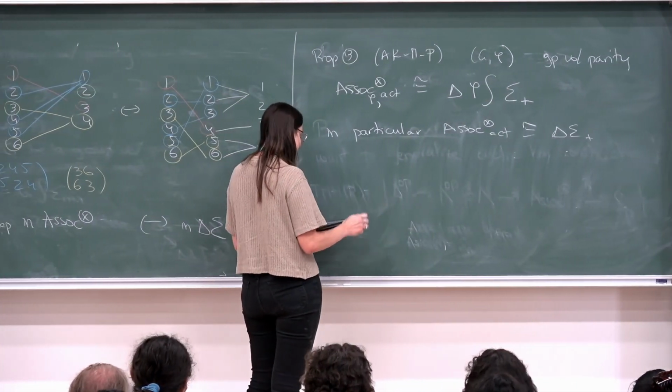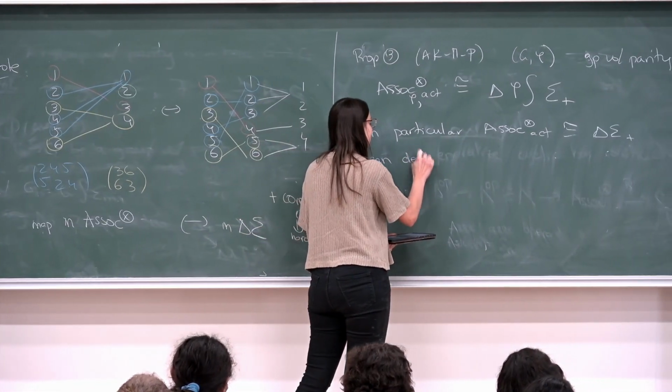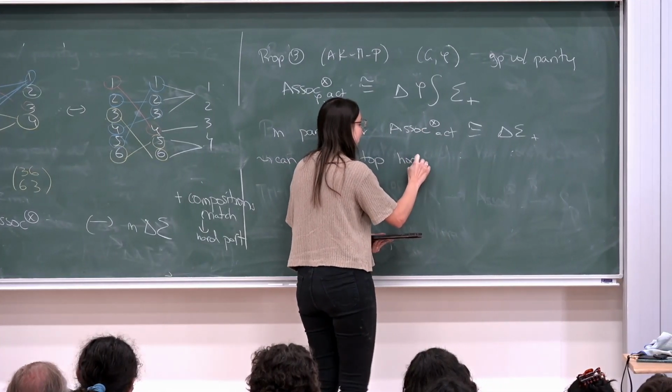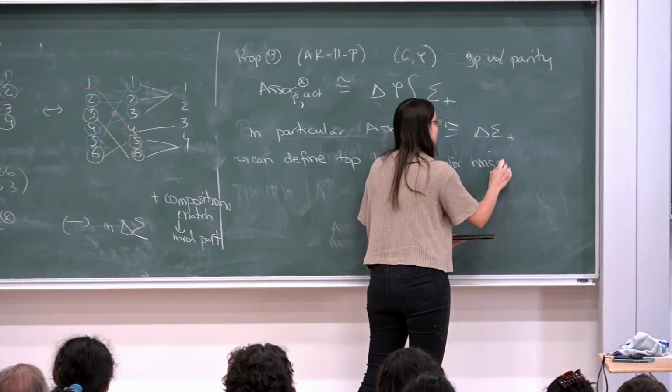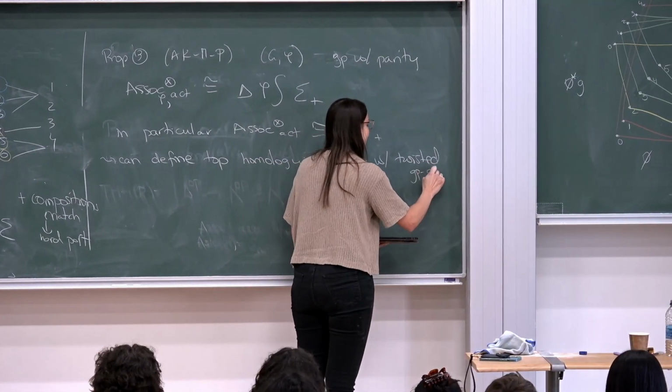Okay, so now, finally, we can define topological homology for rings with twisted group action.